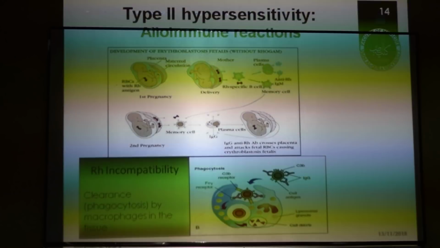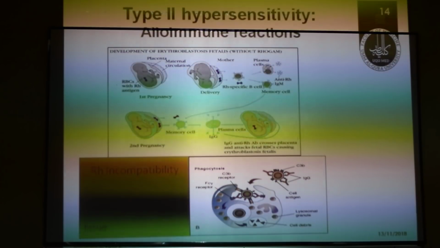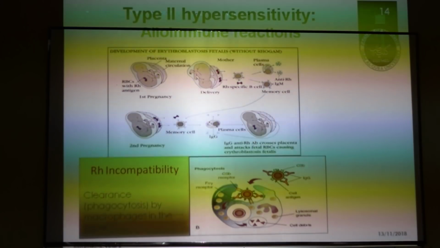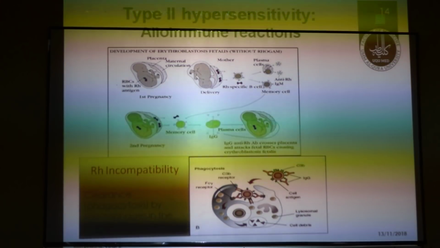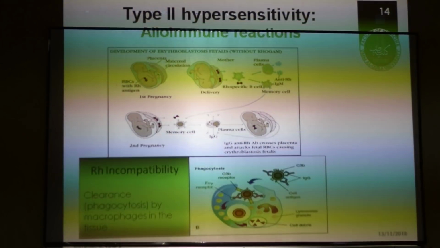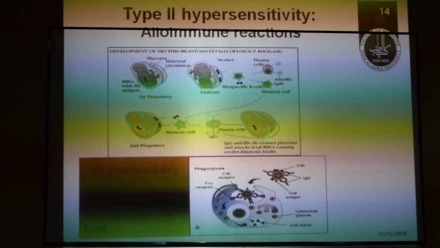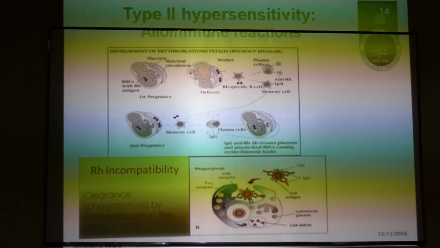Now, Rh incompatibility, you all know it very well, I suppose. What is the reason for Rh incompatibility? Mother is Rh negative or baby is Rh negative? Mother. So, what happens in the first pregnancy?